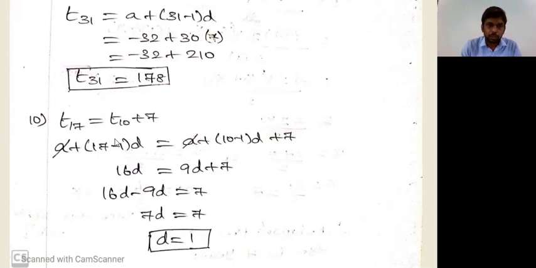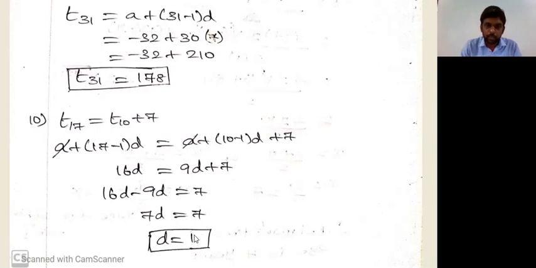Putting formulas for each term, T17 is A plus 17 minus 1 into D, and T10 is A plus 10 minus 1 into D, plus 7. So A and A get cancelled on both sides. 17 minus 1 into D is 16D, which is equal to 10 minus 1 into D, which is 9D, plus 7. Taking this 9D to the other side, we have 16D minus 9D is equal to 7, which is 7D is equal to 7, or D is equal to 1.